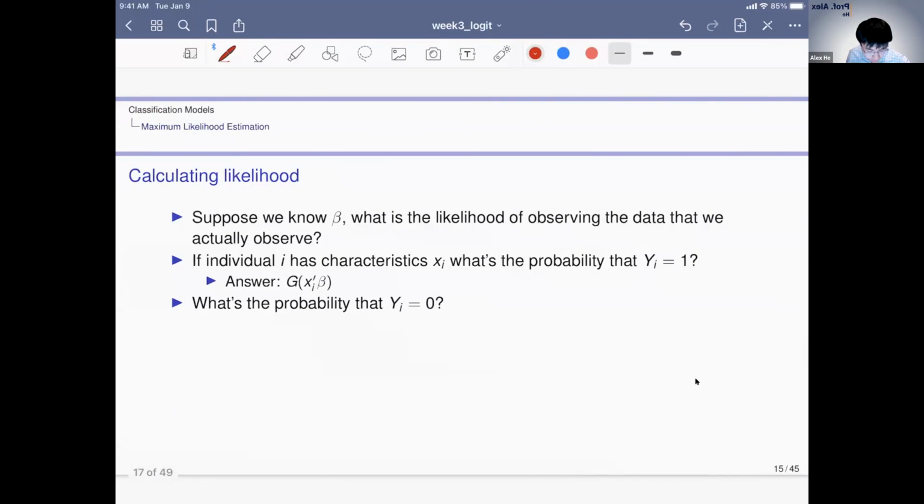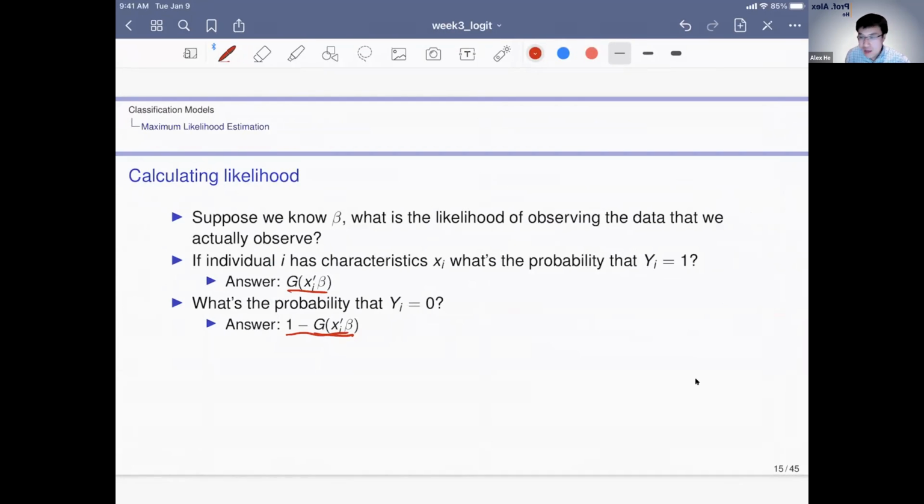And then the probability that y equals 0 is just 1 minus that g function, g of beta x. So you know that the probability that y equals 1 is g of beta x, and the probability that y equals 0 is 1 minus g of beta x.